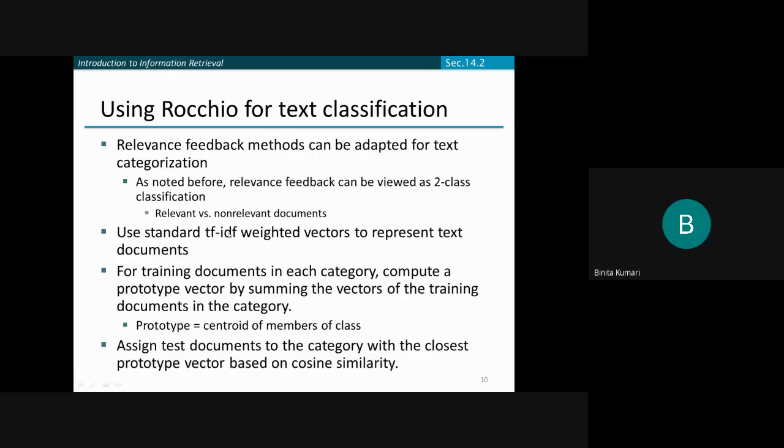We found the distance between the two centroids, that is, the relevant document centroid and the non-relevant document centroid. That distance was then added to the relevant document centroid, and thus we got our Q optimal point. So that was all about the Rocchio algorithm, which we discussed in relevance feedback.